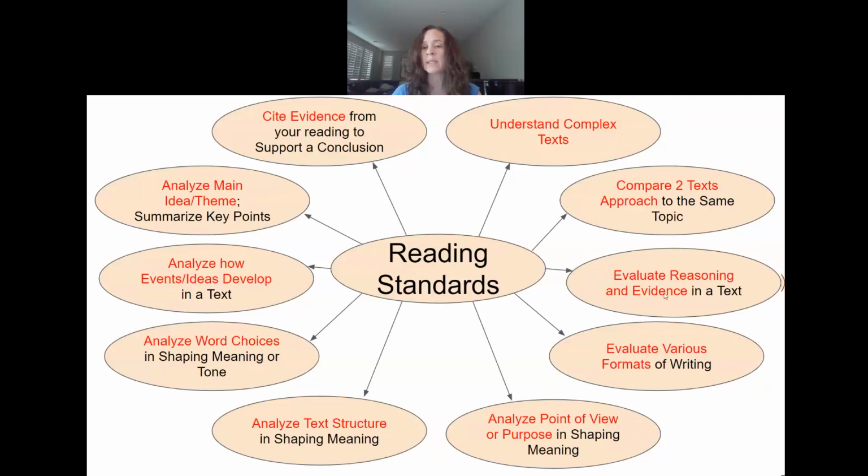Next, evaluate reasoning and evidence in a text. Okay, that just means what argument or reasoning is the author of the writing using? And does it seem like they used good sources for backing up their reasoning? Does their reasoning make sense? Did they use good sources to back up their reasoning? Not every writer is going to tell you the truth.